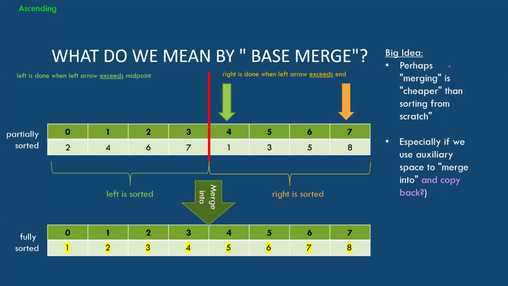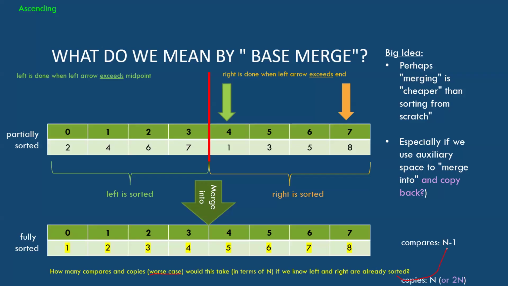Or once any pointer slides off the end, we copy what's left of the other side. We might get lucky and just glue one end onto the other. But if they're interleaved, that's our worst case scenario, and we're still in a linear situation. We only have to do n-1 comparisons in the worst case.